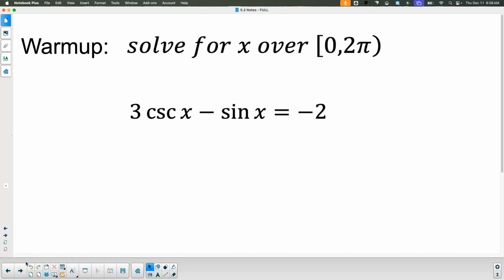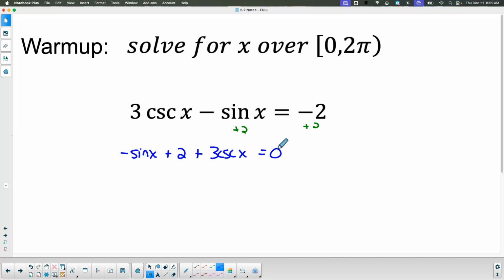All right. So, first thing I would do here is, anybody? Okay, we can bring the 2 over right away. So then that's going to become sine of x plus 2, plus negative sine of x plus 2, plus 3 cosecant of x equals 0. Okay, like it. Next.